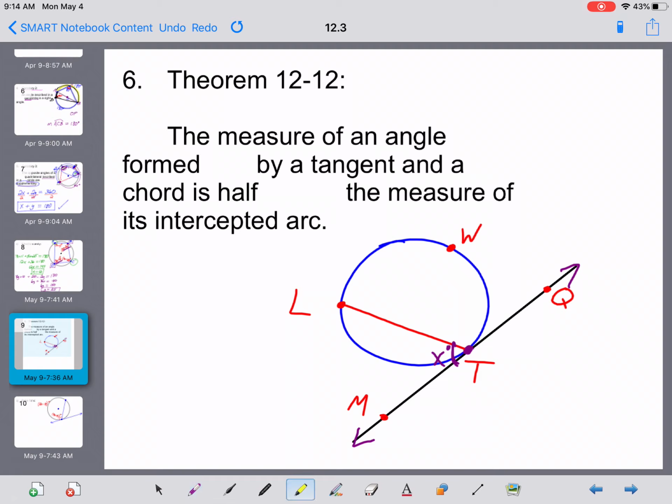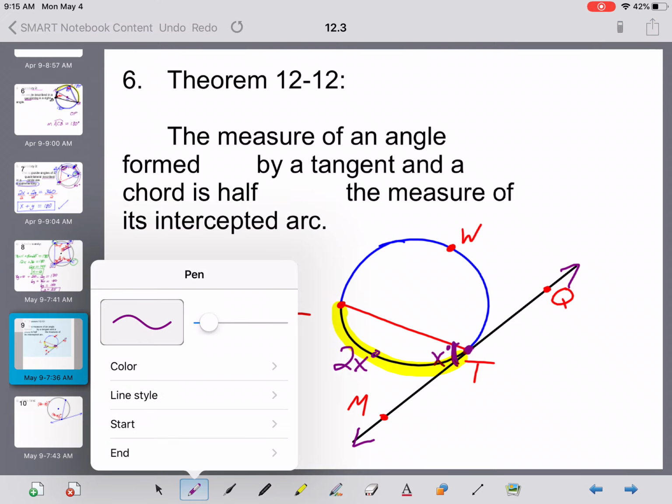The intercepted arc goes between this tangent and this chord, so the arc we're talking about here is minor arc LT. The theorem says the measure of this angle is half the measure of arc LT, or look at it another way, arc LT is twice as big as this angle. So if that's x degrees, this would have to be 2x degrees.